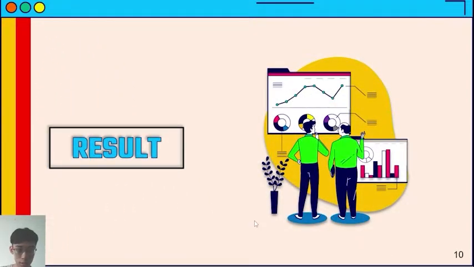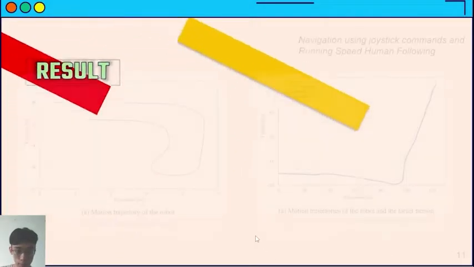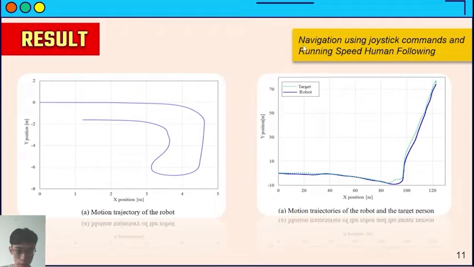We go to the result. The navigation using joystick commands and running speed human following.